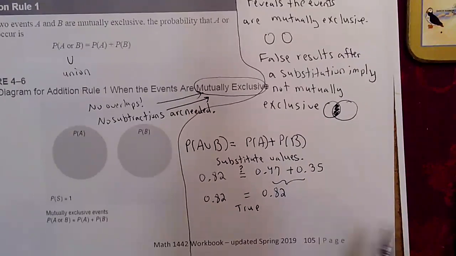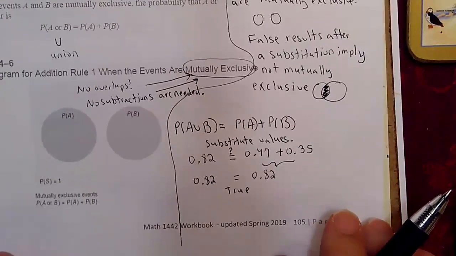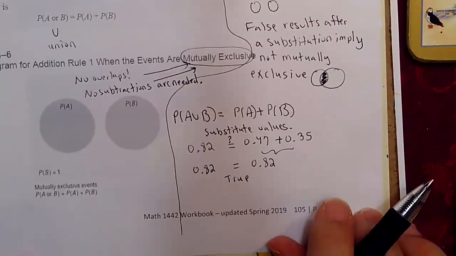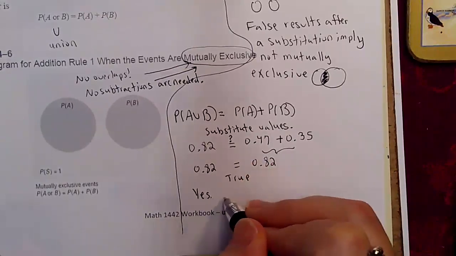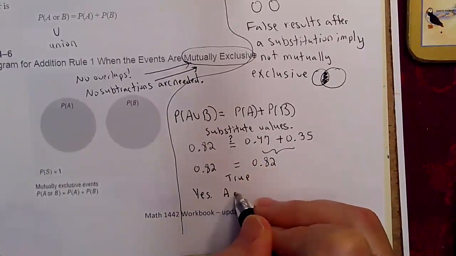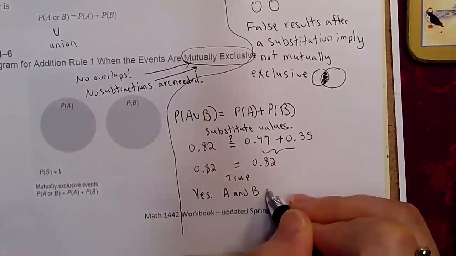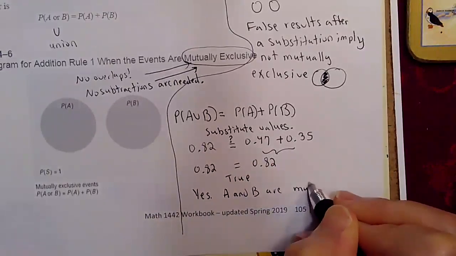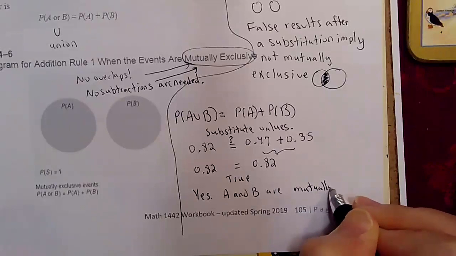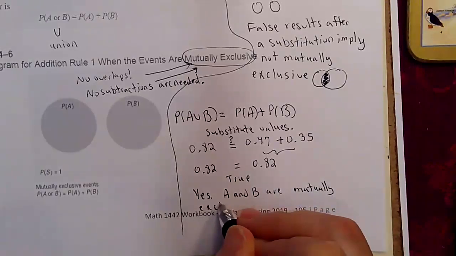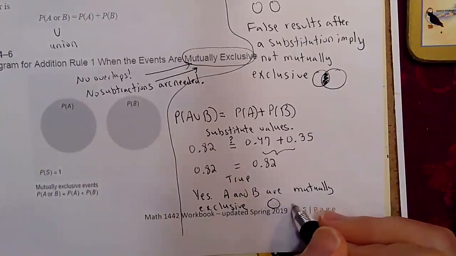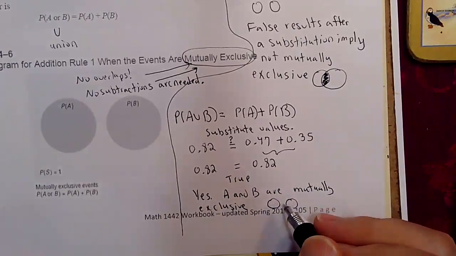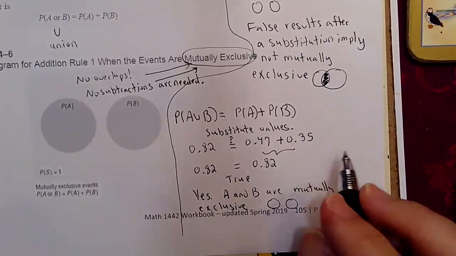So to answer this question, are A and B mutually exclusive, we could say yes. A and B are considered mutually exclusive, and this is because we obtain a true statement.